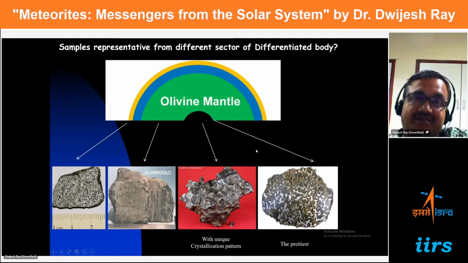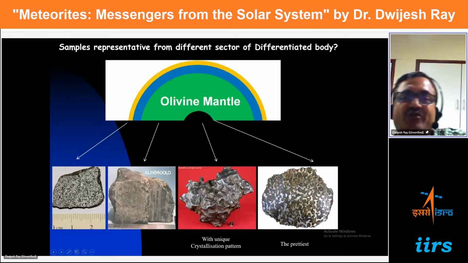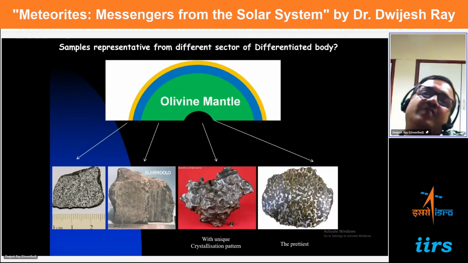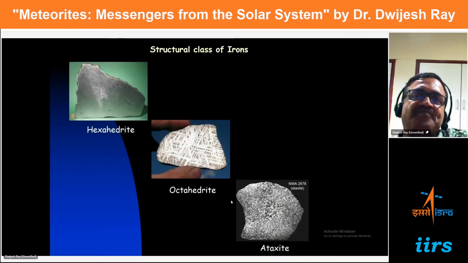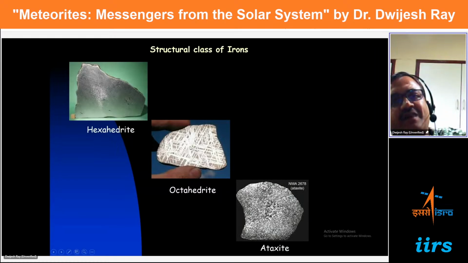But there is still discrepancy and disparity. Some people believe that this can be formed due to ferrovolcanism, but these are all hypotheses. Some more study is required to get a conclusive view. So this is the iron meteorite classification. We will get this kind of structure after etching.